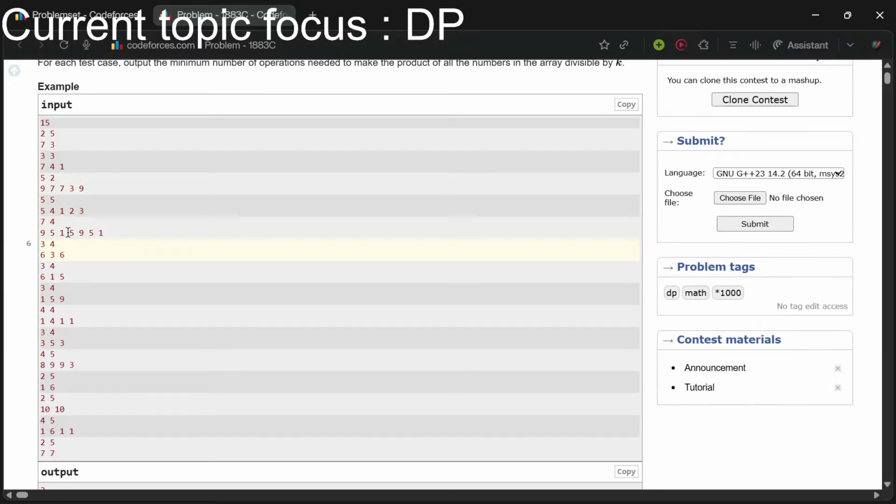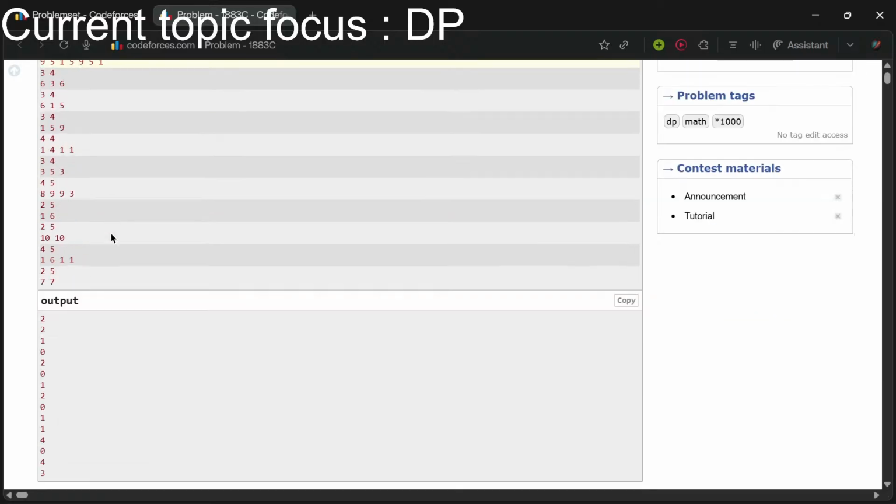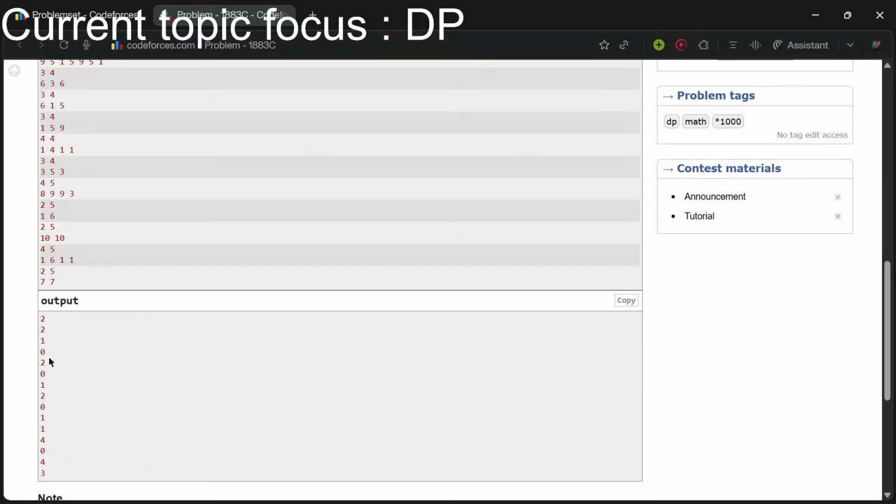K is equal to 4, 4, 5, 4. The fifth test case, if we see 1, 2, 3, 4, 5.